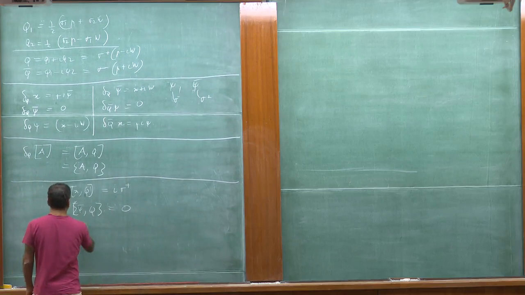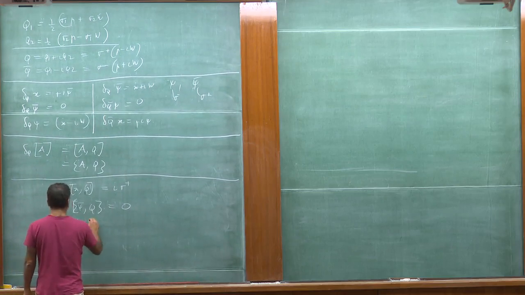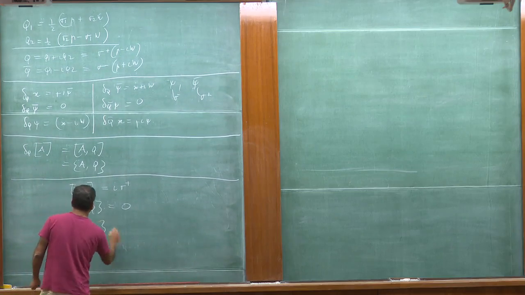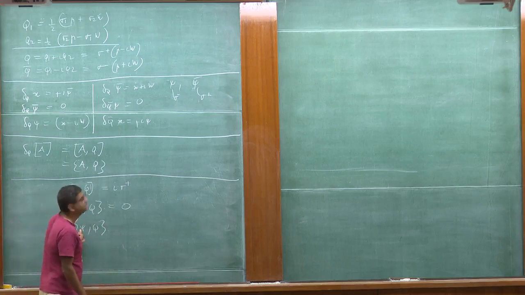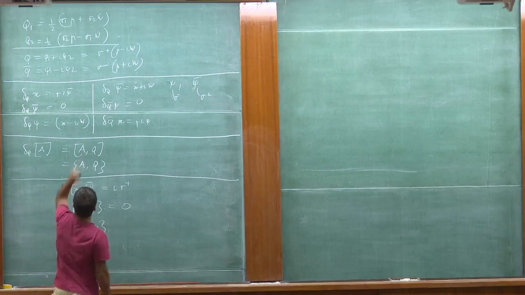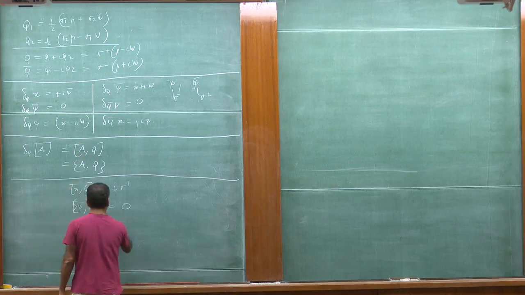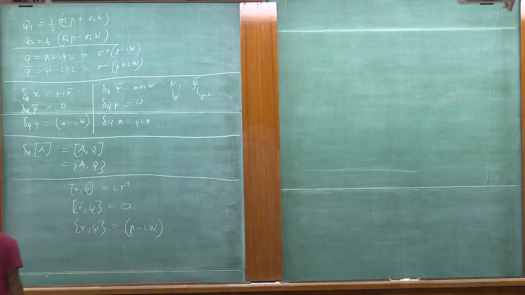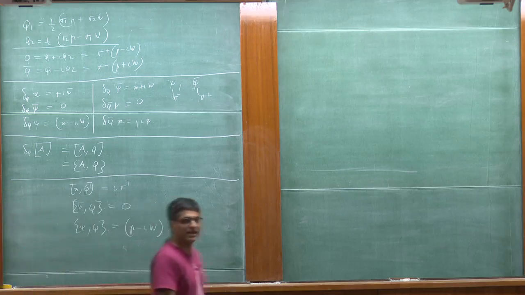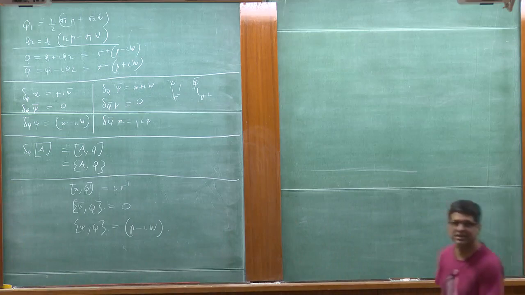And then we want psi anti-commutator Q. Okay, but psi is simply sigma minus. Sigma minus anti-commutator sigma plus is equal to 1, so we get p minus I w. And that matches the x dot minus I w, because p was x dot, because our Lagrangian was x dot squared by 2. So the canonical quantization gives us p is x dot.